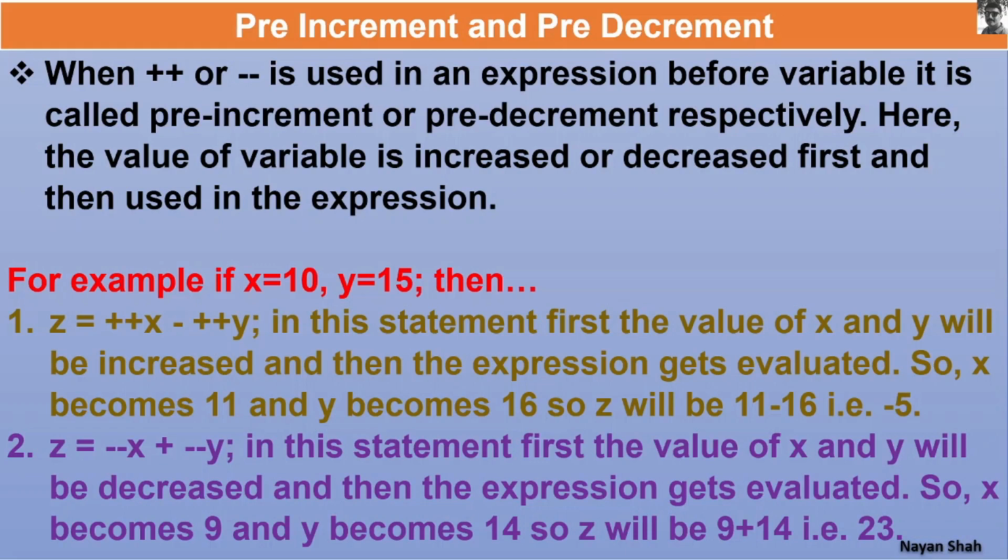Now remember, the best way to understand pre-increment and post-increment, or pre-decrement and post-decrement, is to compare it with a mobile prepaid and postpaid plan. When I say I have a prepaid mobile, that means I have paid money first and then I am using the service.